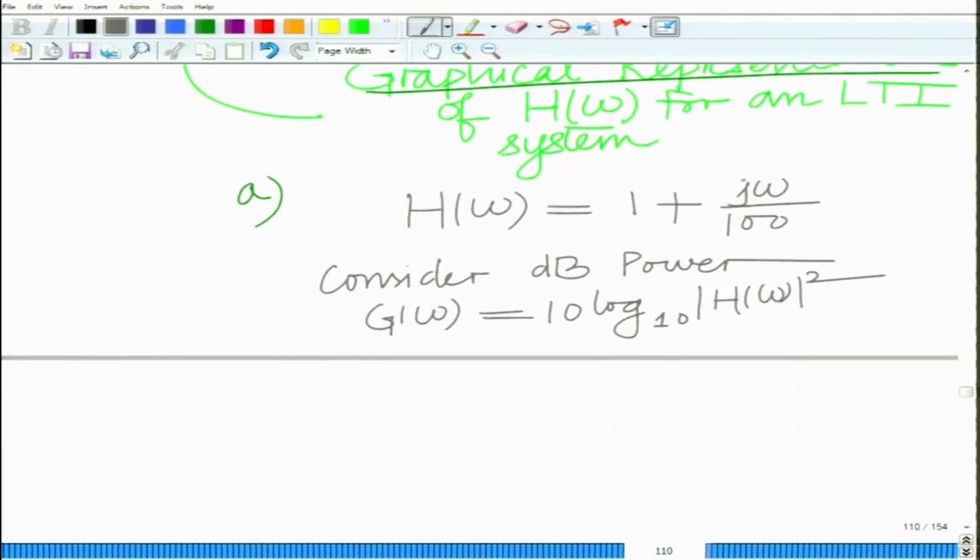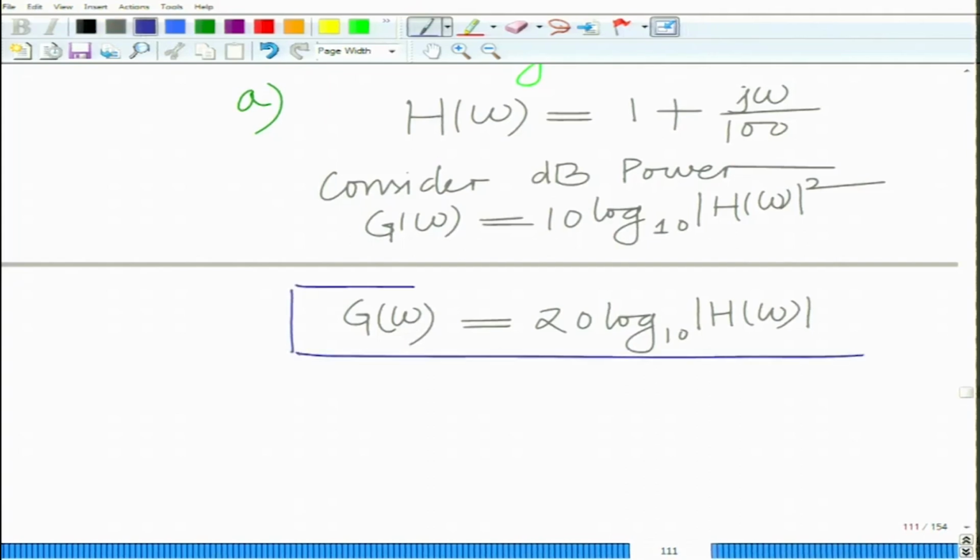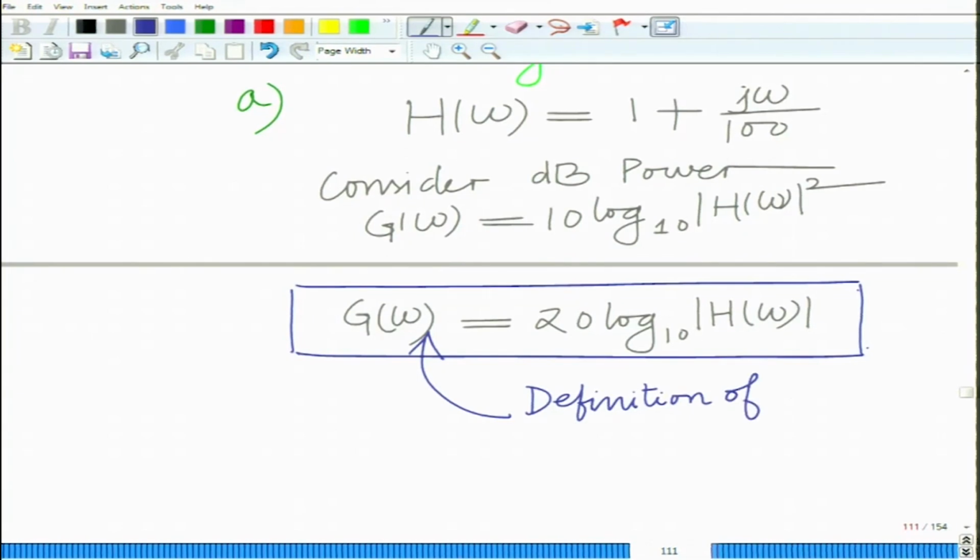So, magnitude H of omega squared is the power, and 10 log to the base 10 of it is the dB power, which is 10 into 2, that is 20 log to the base 10 of magnitude of H of omega. This is our definition of dB power.